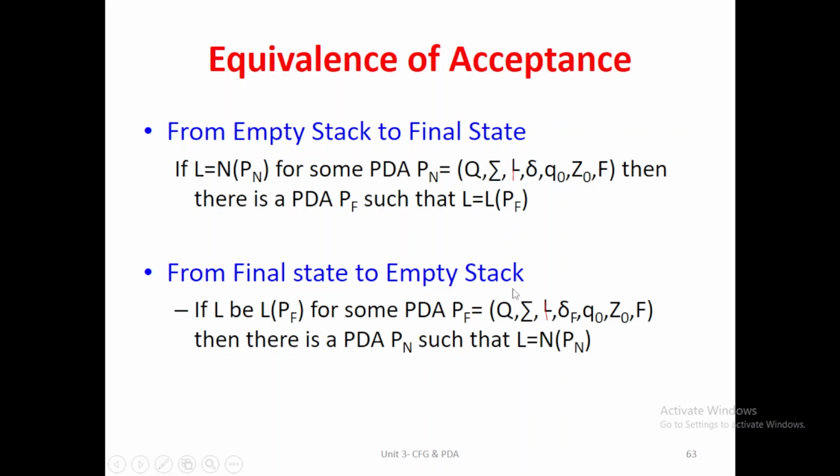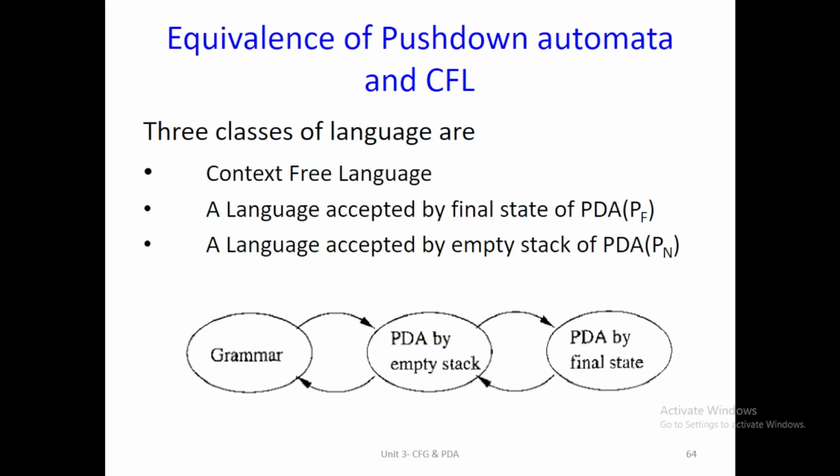For empty stack, to reach an acceptance state, either you go to a final state, otherwise the stack should contain only empty values. That means only the initial Z0 value is available as the topmost value on the stack. At that time also we can stop the procedure. So these are the two different ways of accepting a PDA.